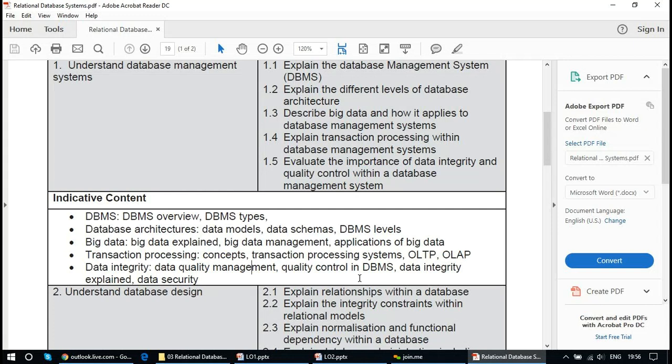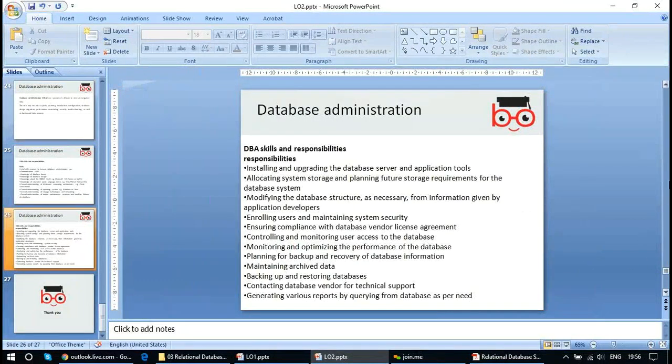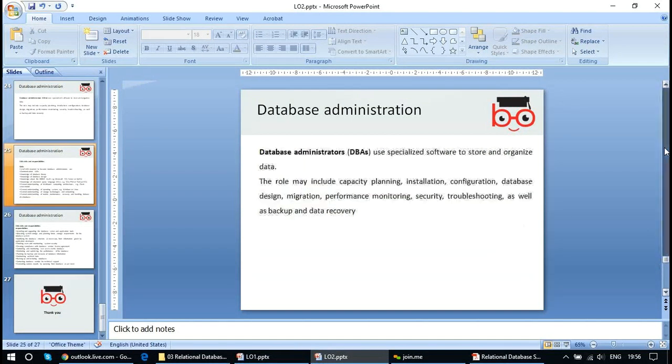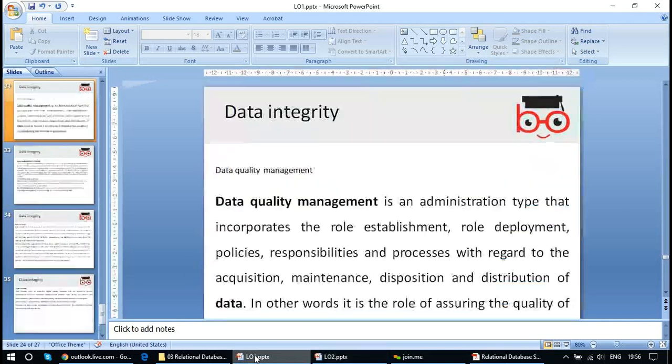So quality is basically the control in the database using certain constraints. Integrity constraints, let me try to explain to you.